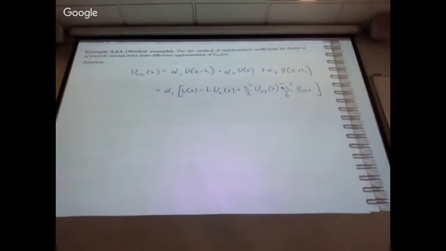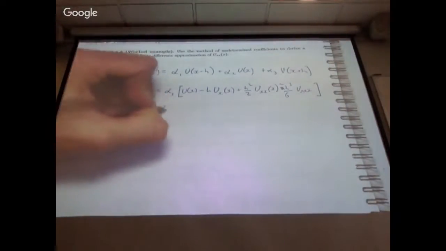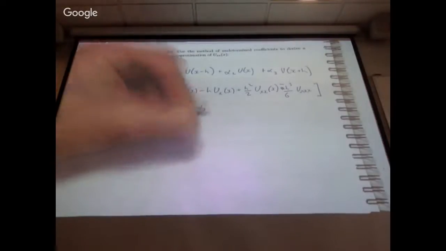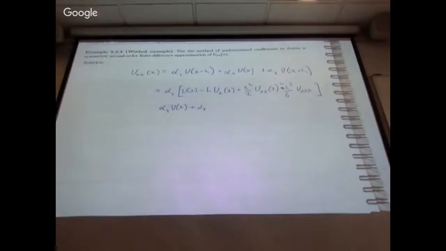So that's me alpha 1. Alpha 2, you don't have to do anything weird because it's just ux. We know what that is. Alpha 3, it's a forward Taylor.